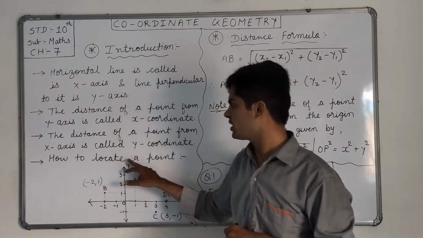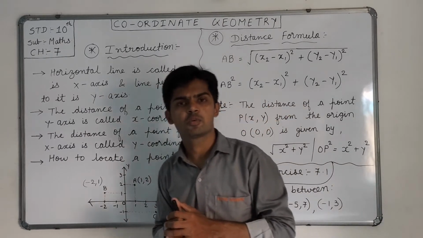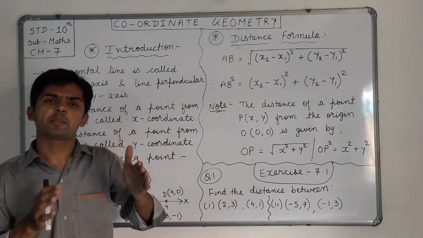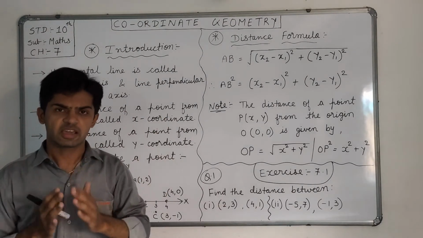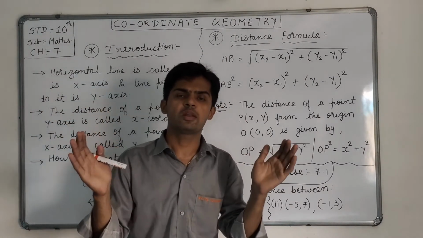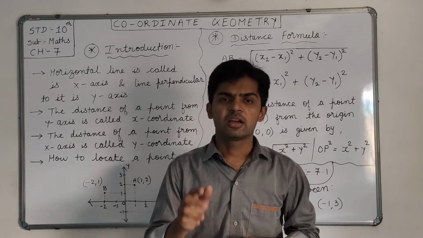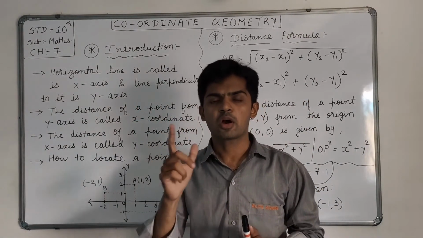Now, how to locate a point? In 9th standard we had studied how to locate a point. The point is comprised of x-axis and y-axis values, right? If two values come together inside a round bracket, then we can locate a point.